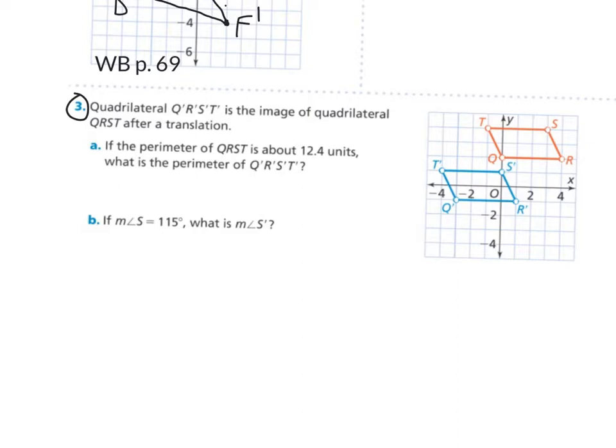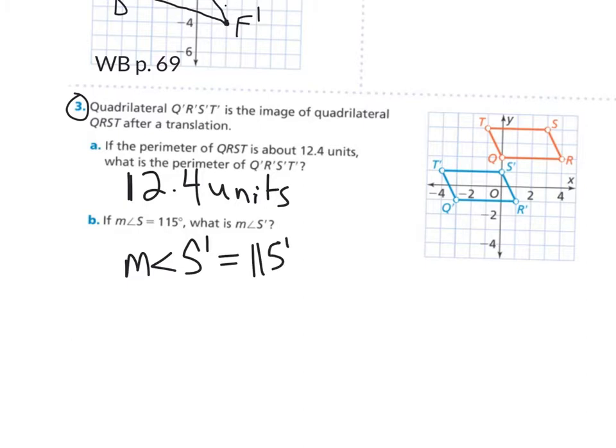So since we're just translating it, moving it, we're not changing the size or shape at all, that would also be 12.4 units. And then part B, if the measure of angle S is 115 degrees, what is the measure of angle S prime? 115 degrees. It's the same angle, we just moved it.